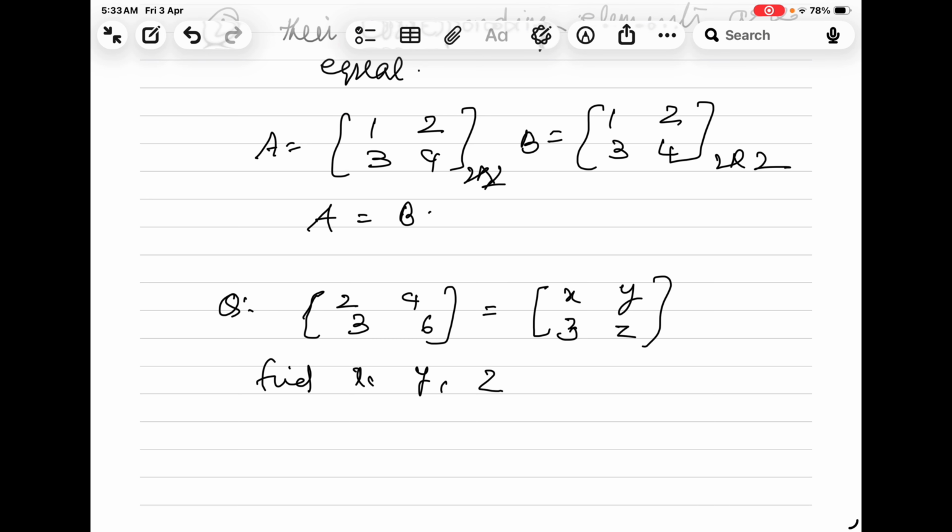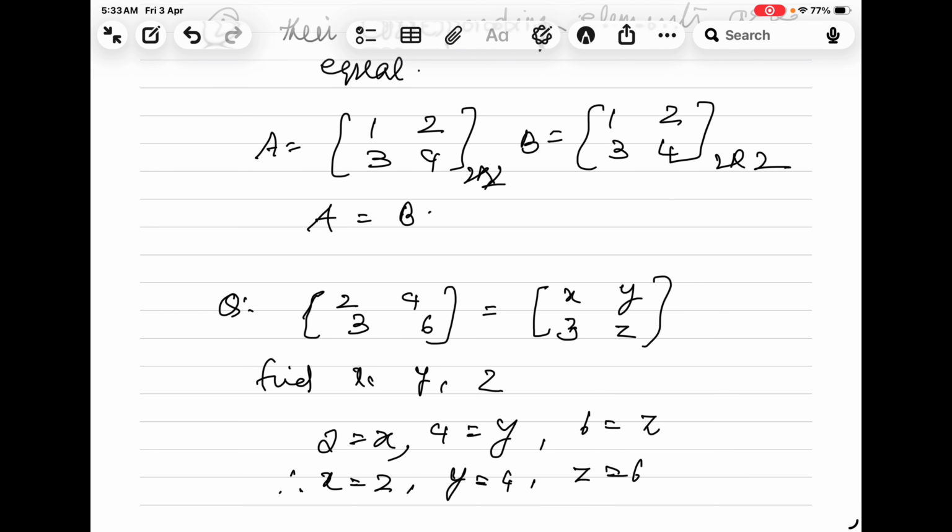So we compare the first element to first, second to second, and third to third. So here 2 equal to X, 4 equal to Y, and 6 equal to Z. Therefore X equal to 2, Y equal to 4, and Z equal to 6.